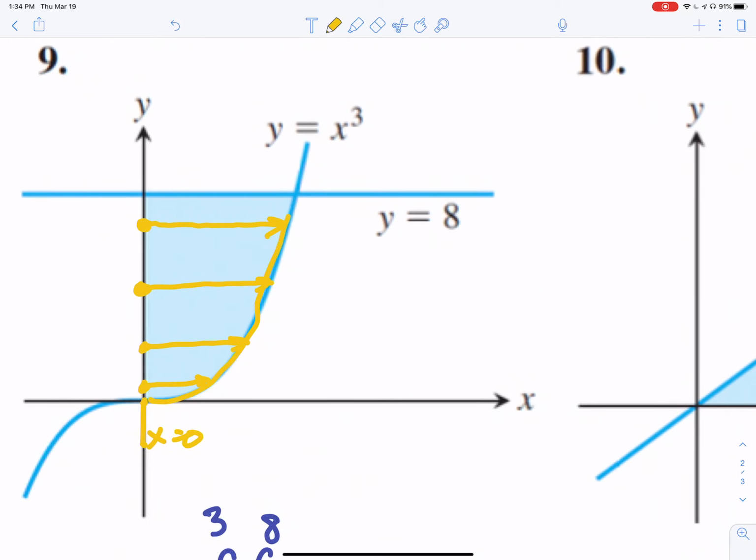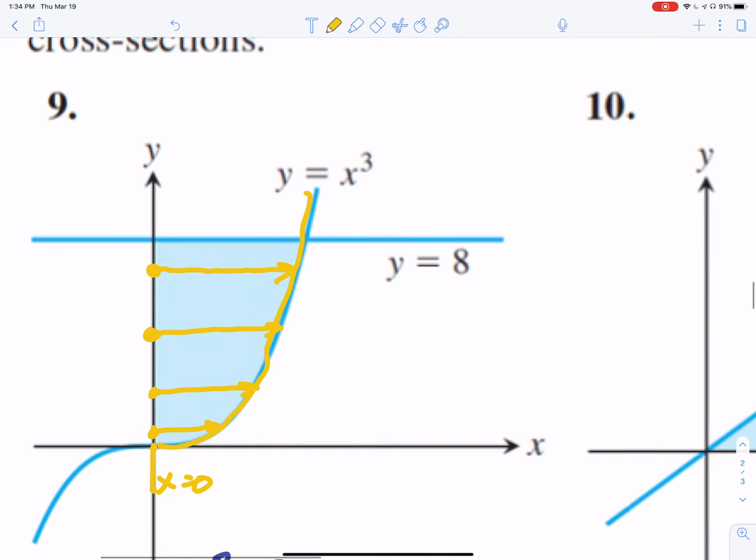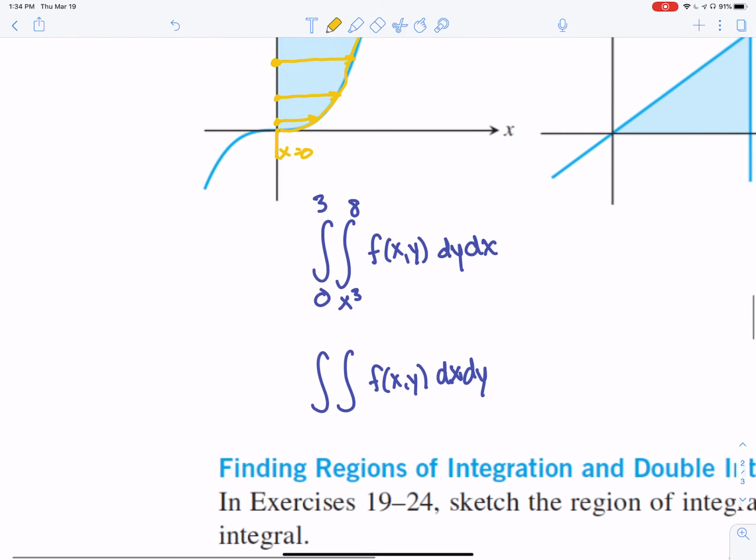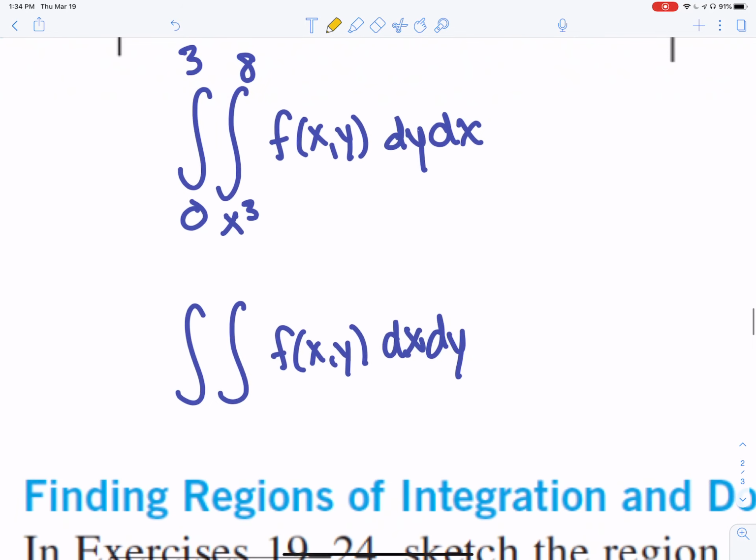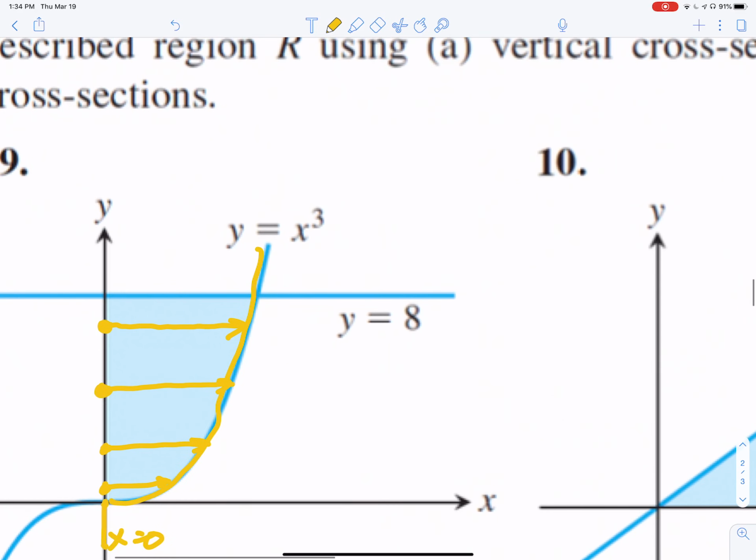So it ends at this curve, but it's written in the form y equals something, right? And remember, if we're doing dx first, then these must be in the form x equals some bound. So all we have to do is resolve this in terms of x. So that's pretty easy. We can do x equals the cubed root of y.